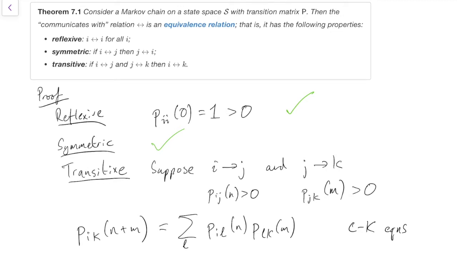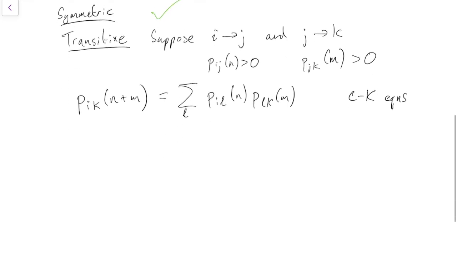Okay, so we've got this sum over all l of p_il(n) p_lk(m), but all those terms are non-negative, so we can just pick out one of the terms from the sum to get a bound, can't we? We can say that this is greater than or equal to picking out a particular element of the sum, and quite predictably we're going to pick out the l equals j term, where j is this j here from above.